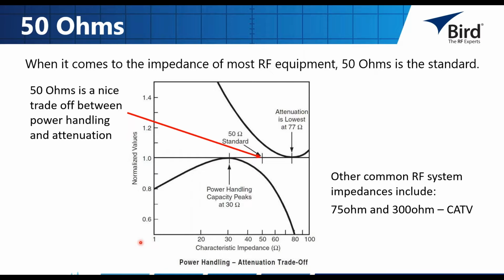So 50 ohms is usually the standard you're going to see. You'll run into some other systems that are 75 ohm or 300 ohm, typically dealing with cabling used in commercial cable television systems.